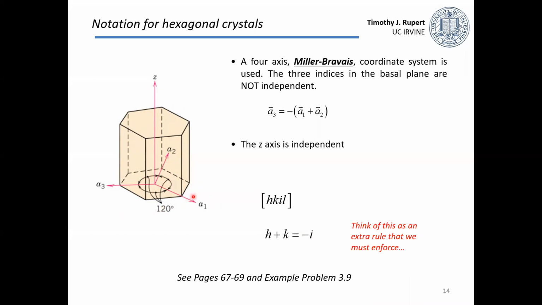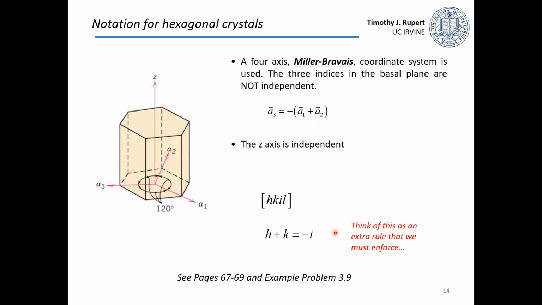So what that means is that these 3 axes cannot be independent of each other. There has to be some equation that relates them. And you could define it in different ways, but the way we're going to do it is we're going to say that A3 has to be equal to negative (A1 plus A2). Okay. The effect that has is it gives us a rule when we're describing directions in hexagonal crystals.